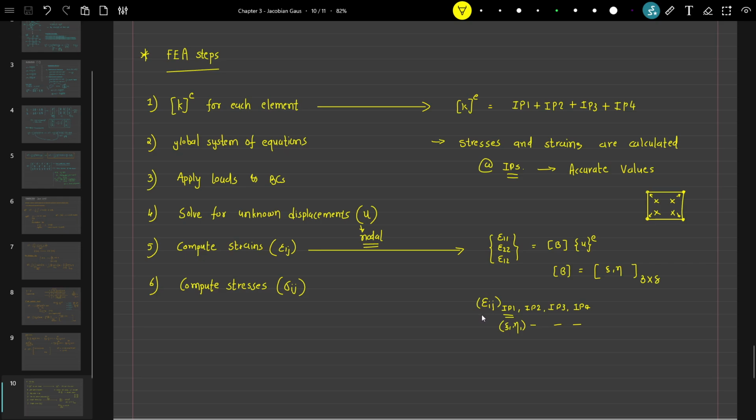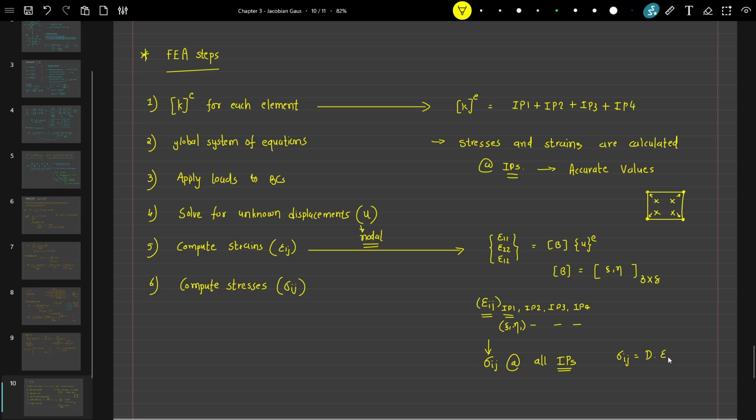So once we have epsilon ij at all integration points, then we can compute sigma ij at all integration points. So we know sigma ij is D and epsilon ij. I cannot write D matrix, it should be simply D because this is tensorial notation.